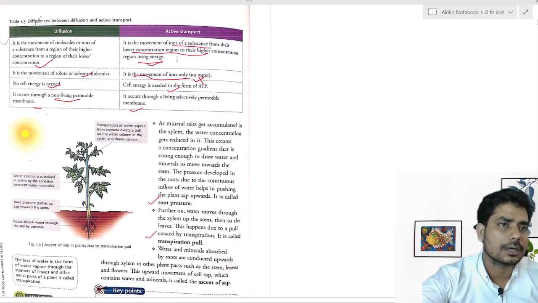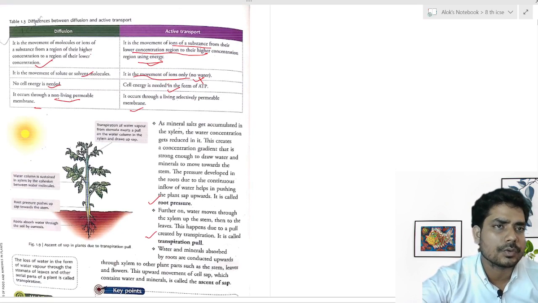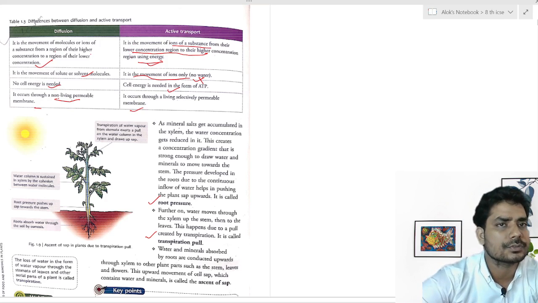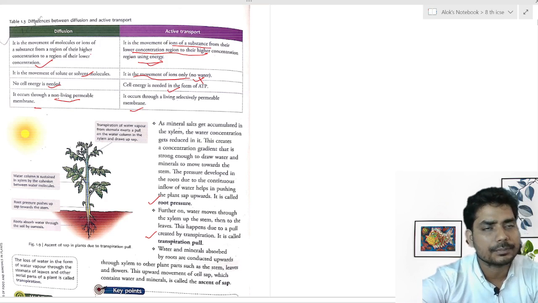Similarly, we know that active transport is the opposite of diffusion. So what is the difference between diffusion and active transport? You know the definition of diffusion and the definition of active transport.